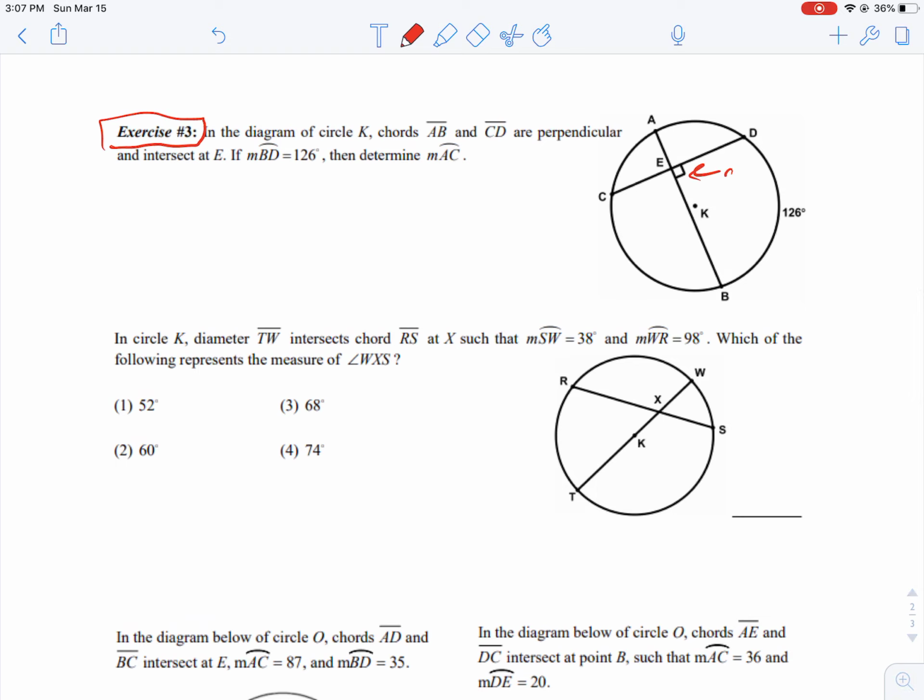So this one, we know this is 90 degrees, okay? And we know that its measure can be found by adding these 2 segments up. So in this case, we don't know what the arc of AC is. We do know what the arc of DB is.